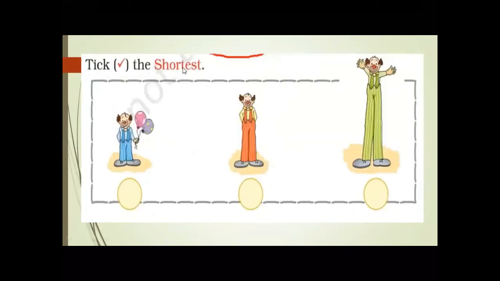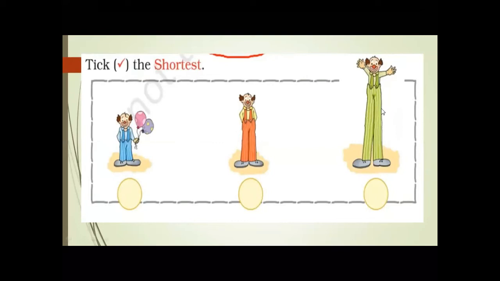Take the shortest one. Here we see three jokers, first, second, third. So we use the term shortest. Don't use shorter because we compare three things. So we use the term shortest. This joker is tallest, not taller.